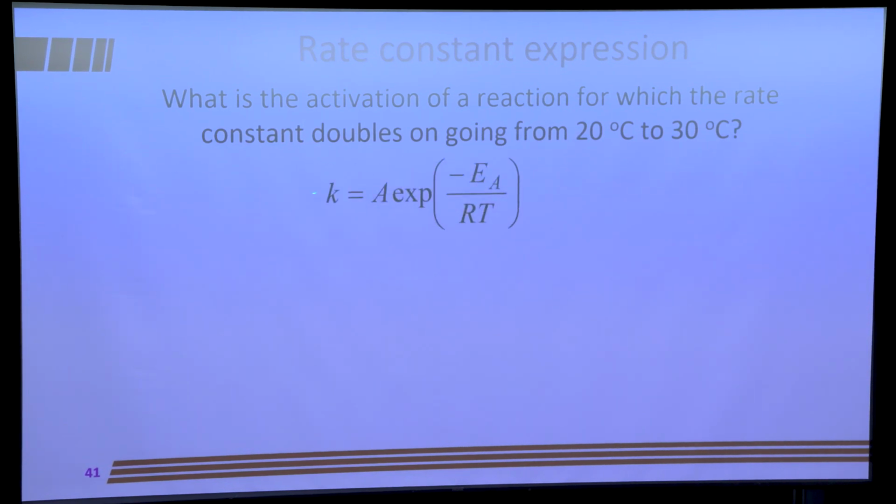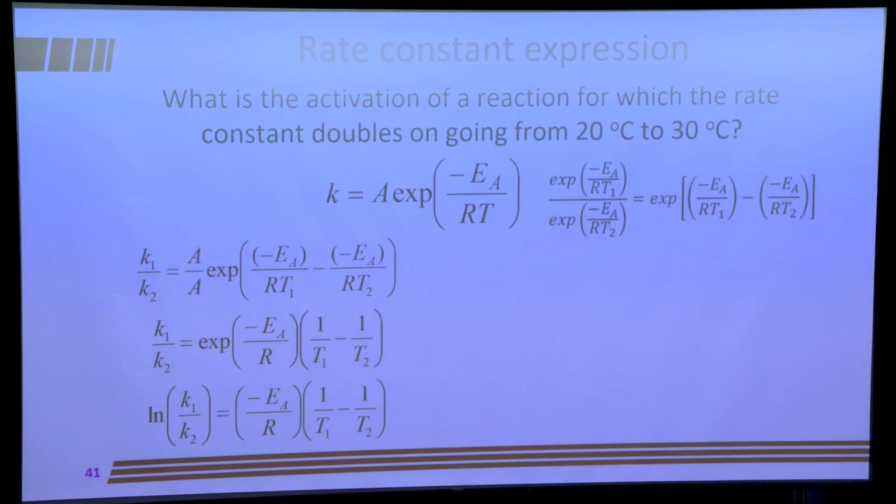So if we use the Arrhenius equation, we have k is equal to A e to the minus Ea over RT, and then we have the rate constant at temperature 1, that should be maybe T1, over the rate constant at temperature 2, is equal to A at T1 over A at T2 times e to the minus Ea over RT1 minus Ea over RT2, okay?